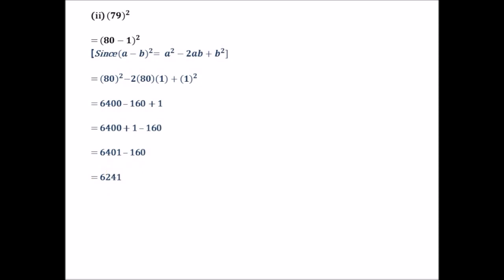Now next type of question, factorize using algebraic identity. First question is 9x square plus 42xy plus 49y square. So whenever we have such questions wherein we need to factorize using algebraic identity, the first thing that we need to do is focus on the quantities which have square.